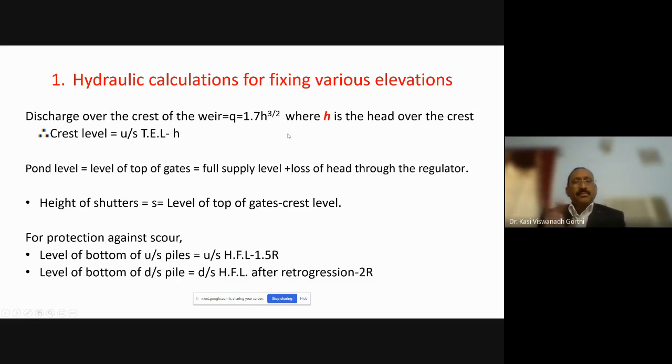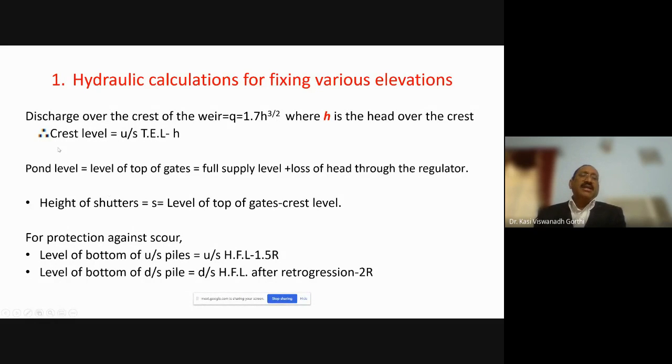Then the discharge over the crest of the weir, small q, is given already as 1.7 into h to the power 3 by 2, where h is the head over the crest. You know the value of q, so substituting that you will get the value of h here. q is equal to 1.7 h to the power 3 by 2, from where you will be able to obtain the value of the head over the crest.